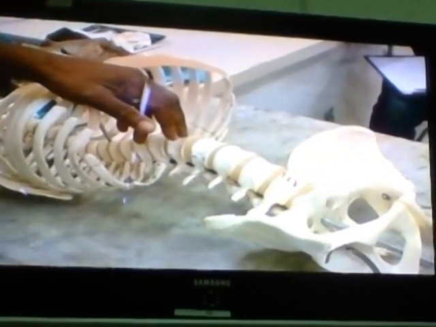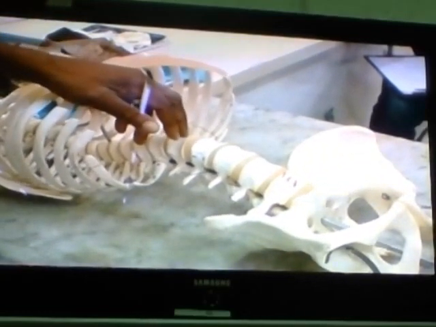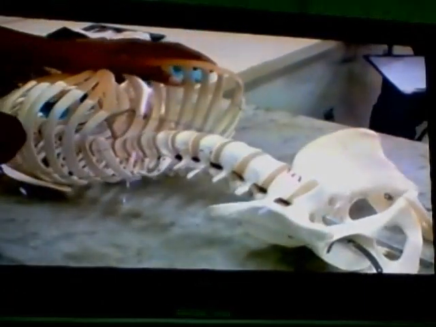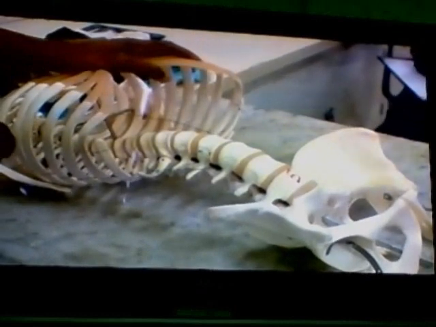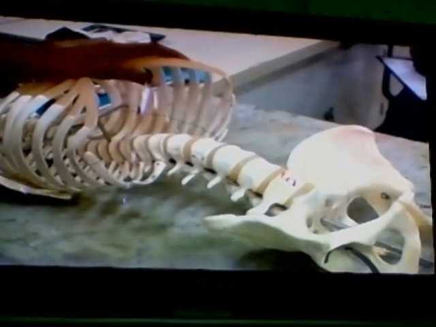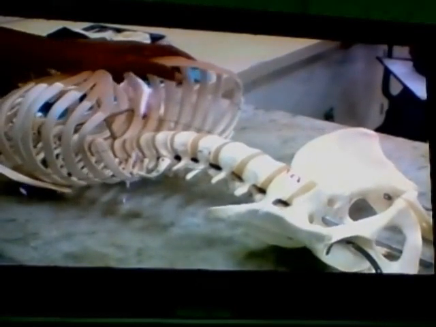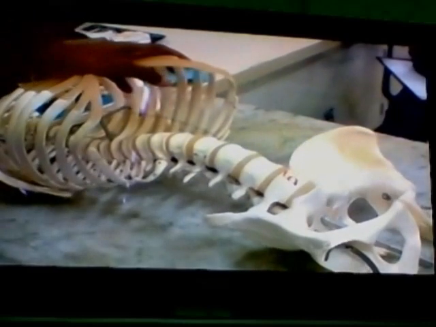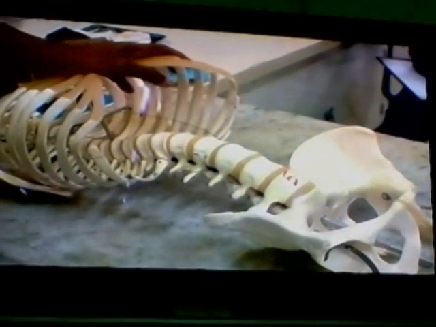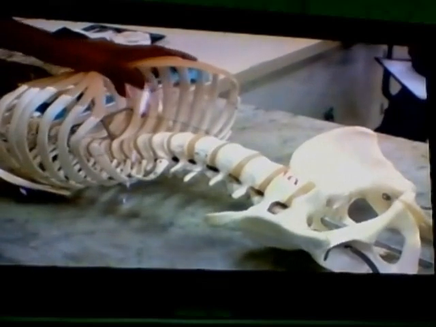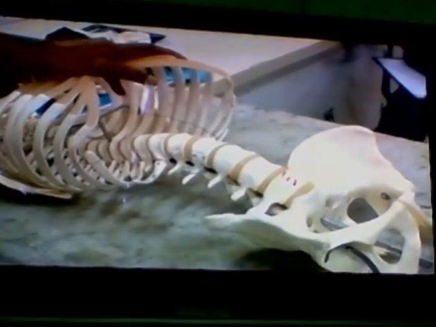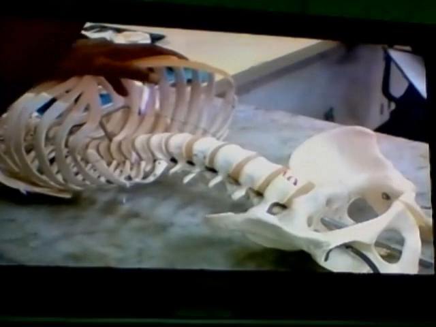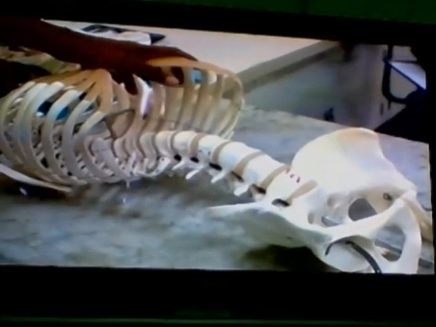And it's possible to have a combination of the two. A lateral bend is a list. A forward bend is kyphosis. And a lateral bend with a rotatory motion is scoliosis.